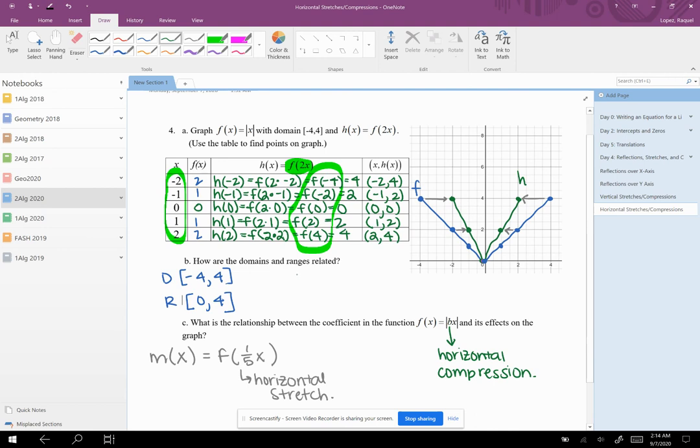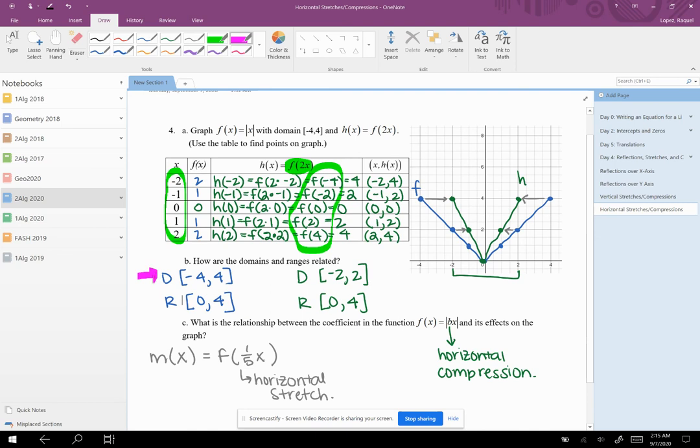And then for our h graph, I see that our domain goes from -2 to 2. We can see this compression in our domain as well. Our range stayed the same, from 0 to 4, but we can really see the compression take place in our domain.